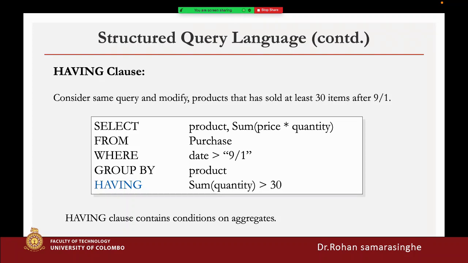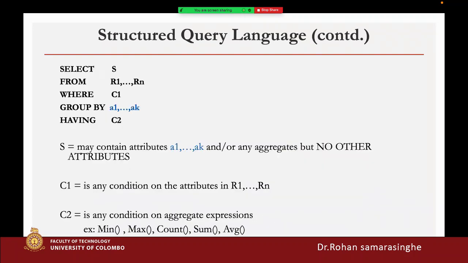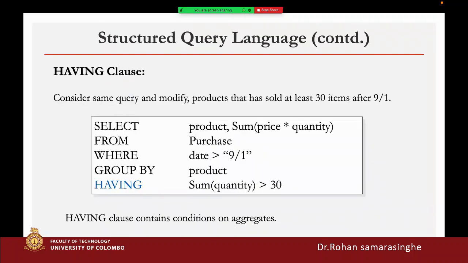And group by, you have to group the product as banana and apple, and having the condition is the sum of the quantity, the summation of the quantity, greater than 30. Could you understand this one?